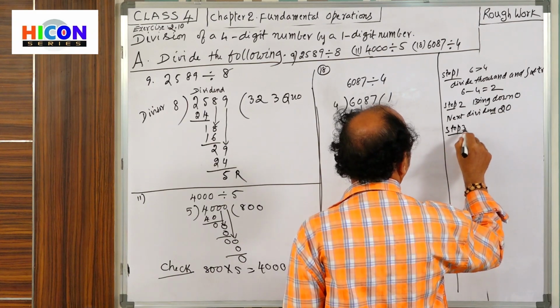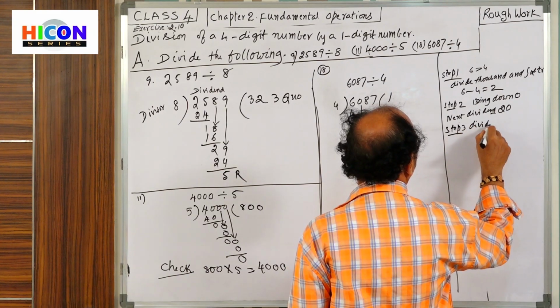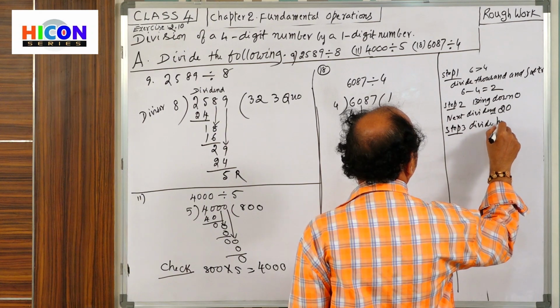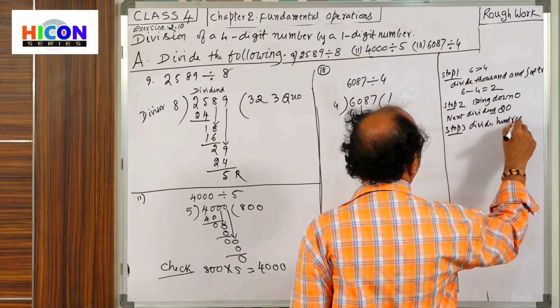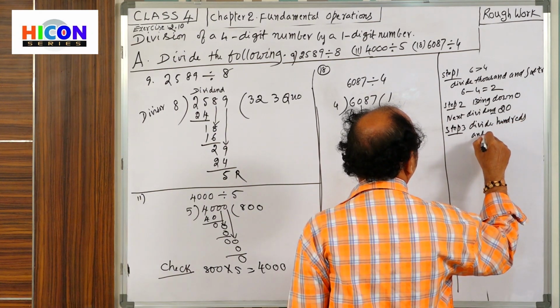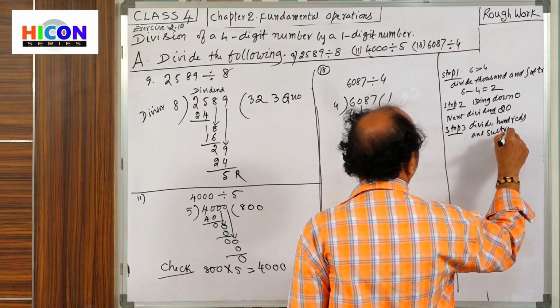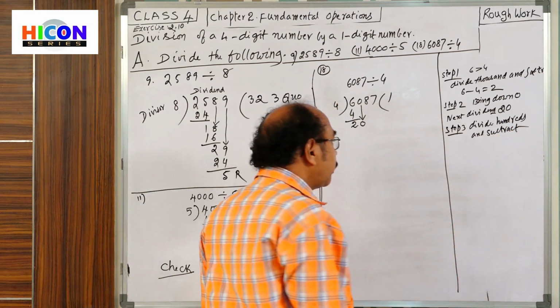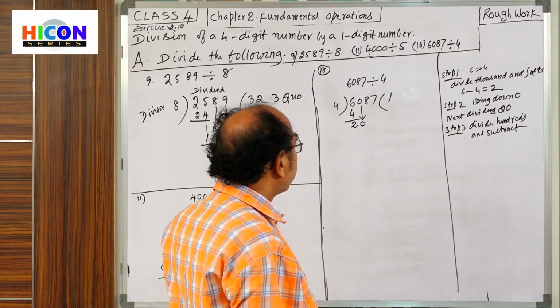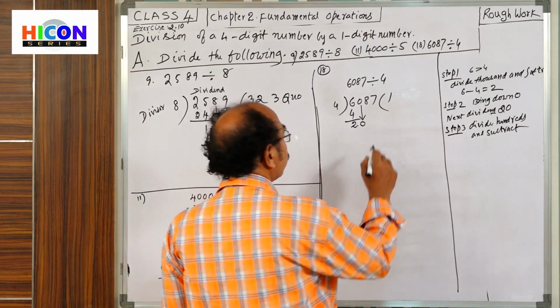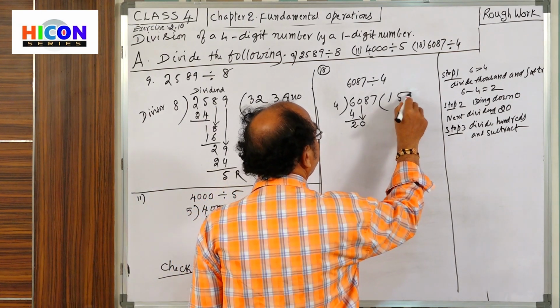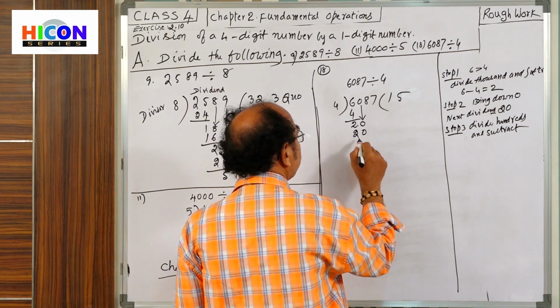Step 3. Divide hundreds and subtract. So here, how many times? 4 5s are 20.